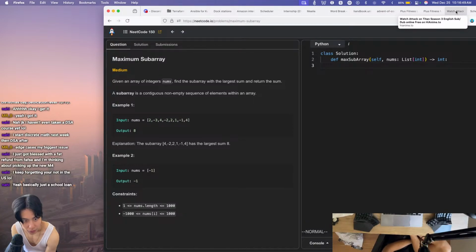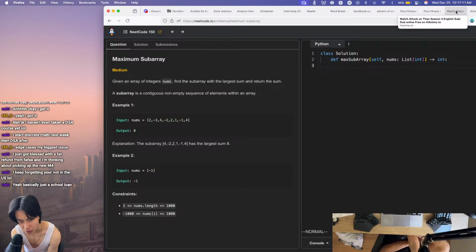Given an array of integers, nums, find the subarray with the largest sum and return the sum. A subarray is a contiguous non-empty sequence of elements within an array.